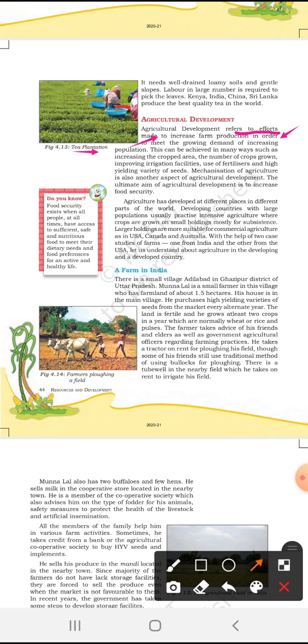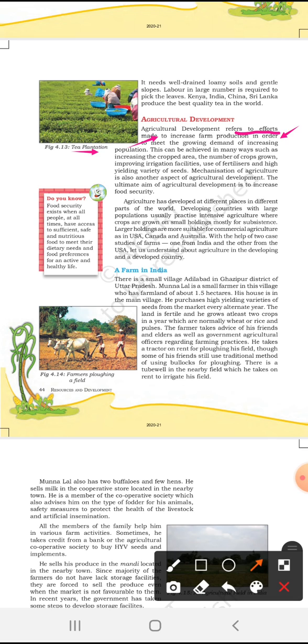In developing countries, crops are grown on small holdings, mostly for subsistence. Subsistence means subsistence farming. Larger holdings are more suitable for commercial agriculture in USA, Canada, and Australia. Now, what are larger holdings? That is, the farmers or the owners who own large lands.